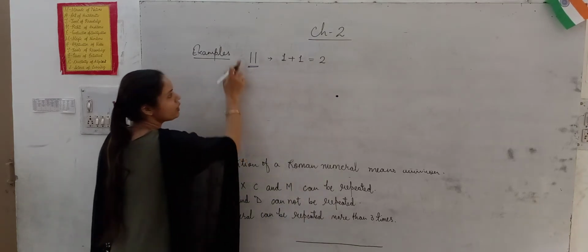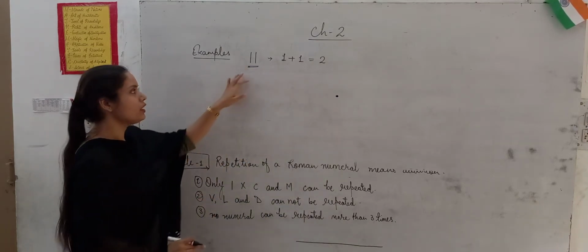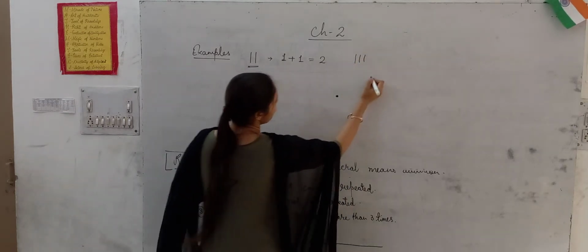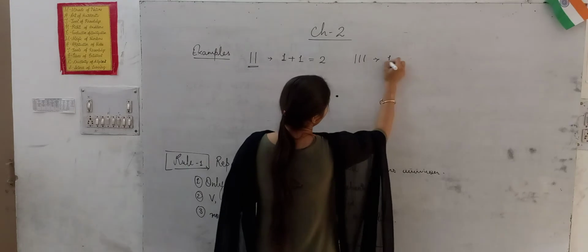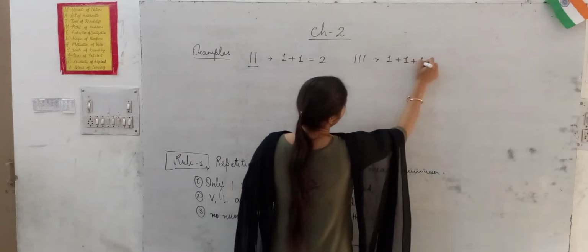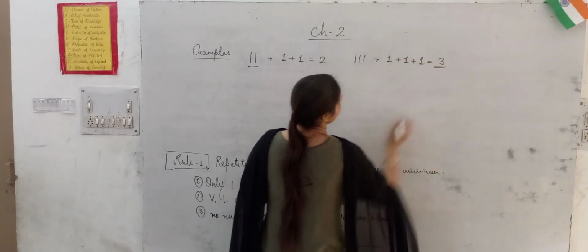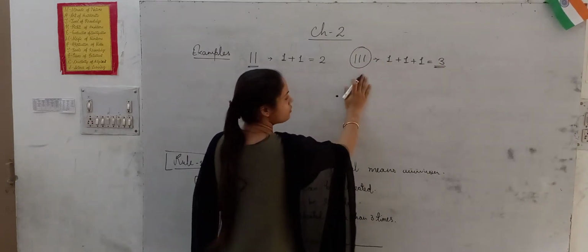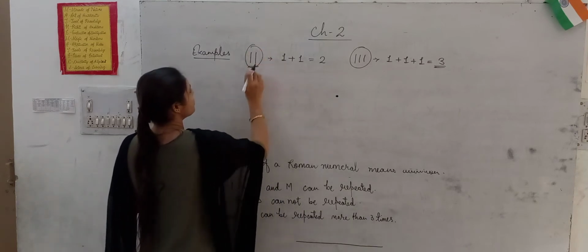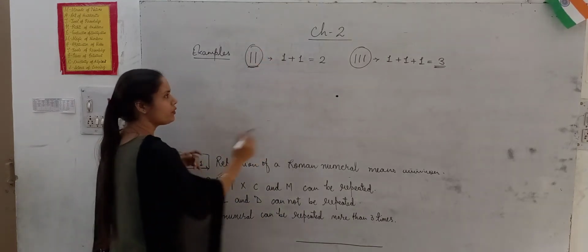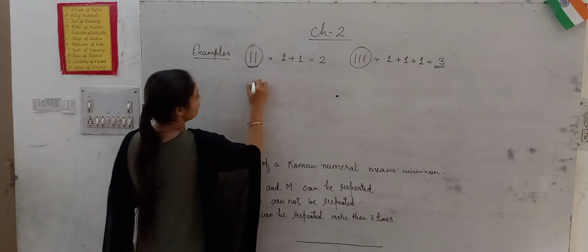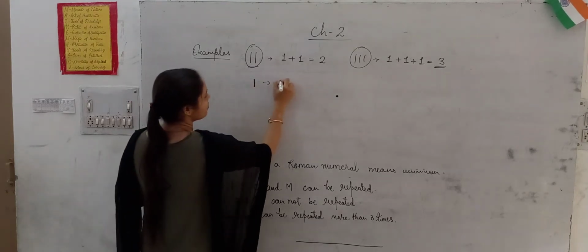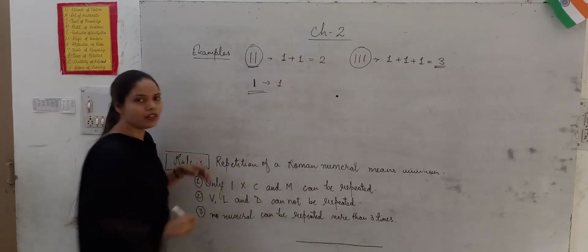So in Roman counting this double I represents 2, and if we write I 3 times, means 1 plus 1 plus 1 means 3. If we want to write only 1, we will simply write I. Clear?